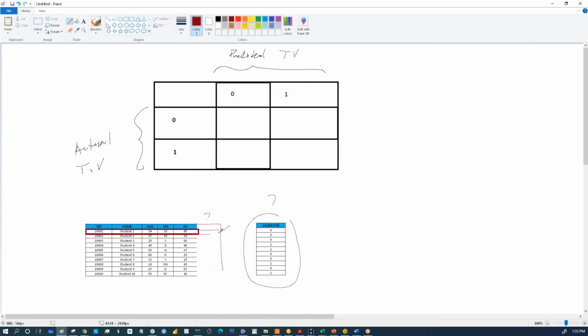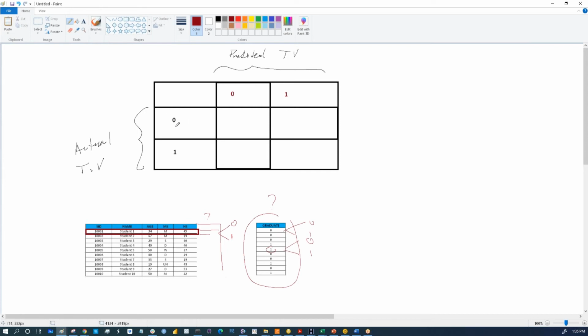It would be 50-50. It could be a 0 or a 1. And if we were to predict this one, it could be a 0 or 1. This one, it could be a 0 or 1, right?